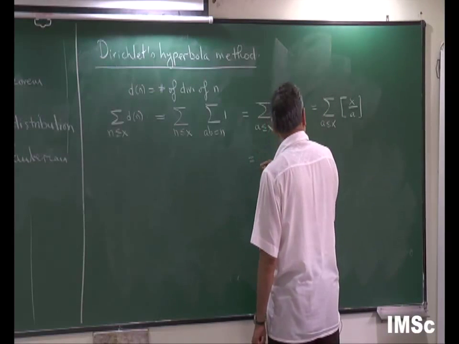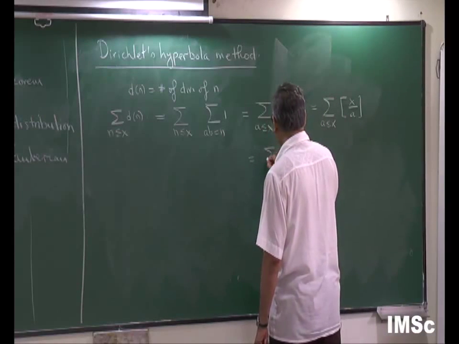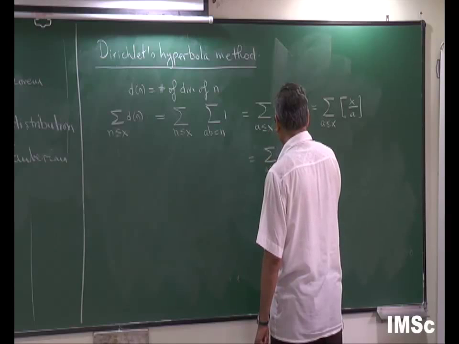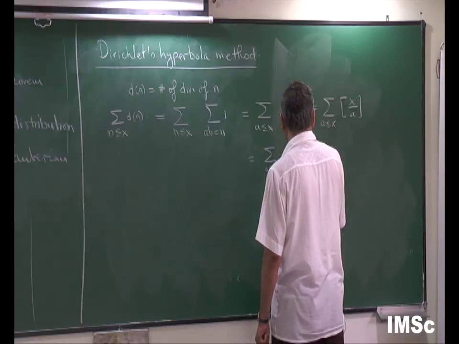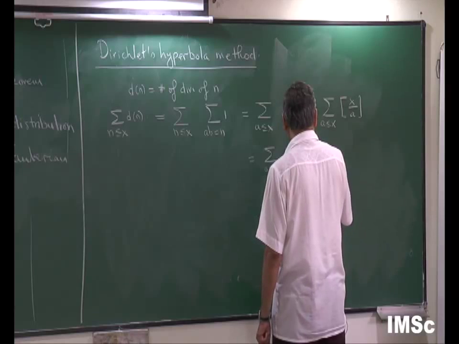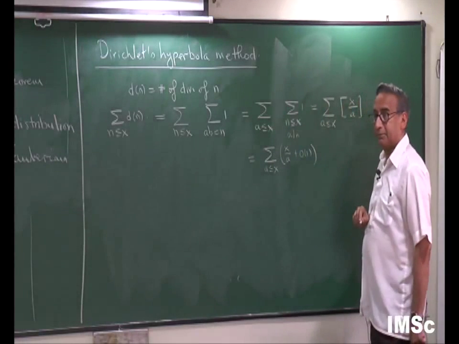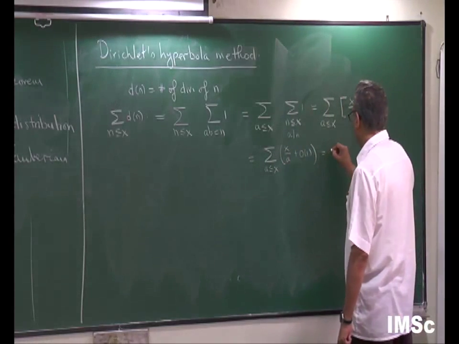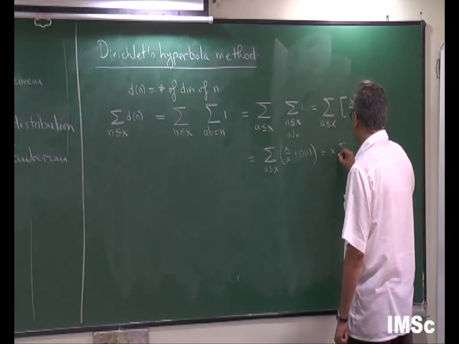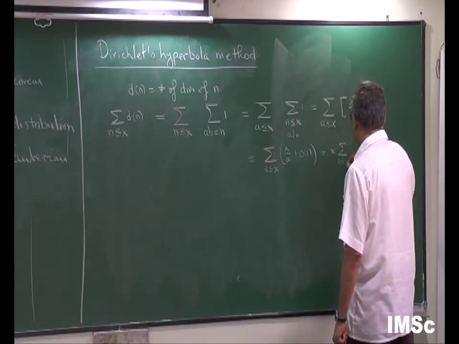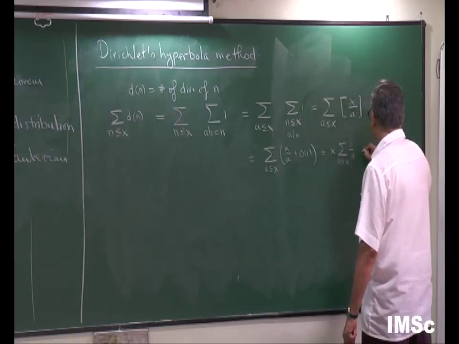And when I try to remove the square brackets, I'm going to get x over a plus O of 1, right? And now you're going to get x times the summation over a less than x of 1 over a, plus O of x.